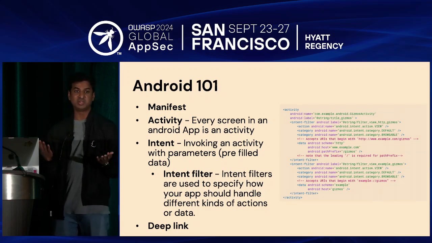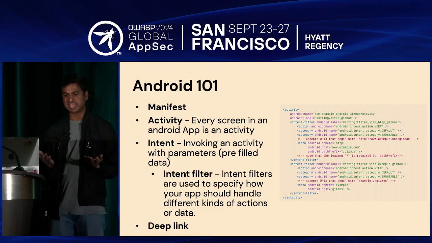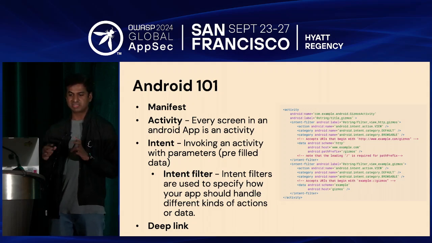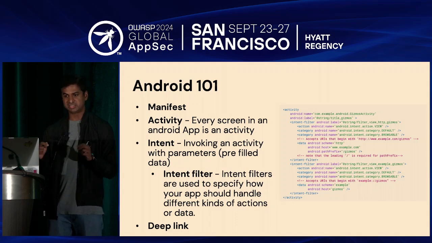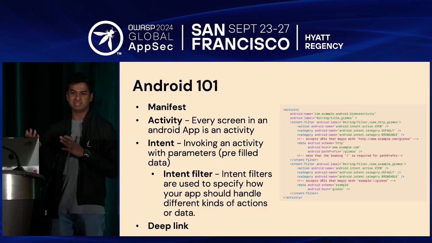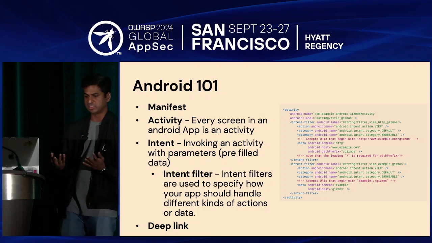Every screen on your Android application is called an activity. Think of it as your profile screen or your login screen. They interact with the application using intents and intent filters. So essentially, when you log in, you enter the username and password. This is sent to the application, and it understands how to handle this username and password.